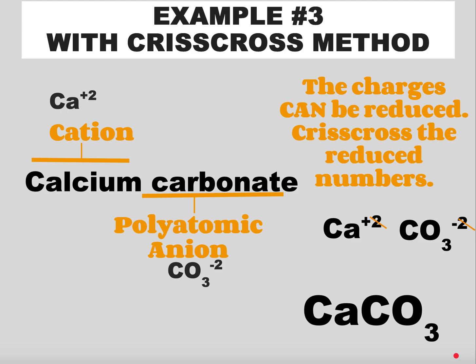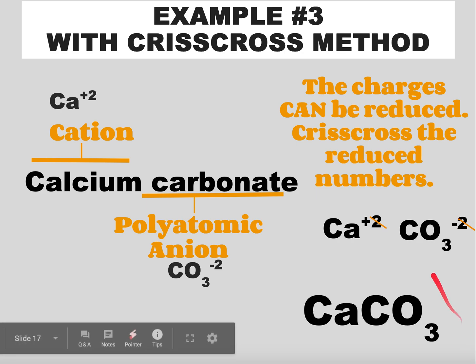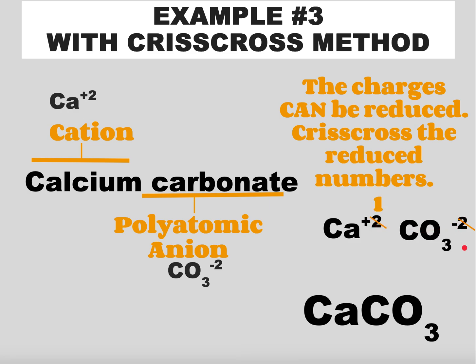It's just a way to bypass what's happening. Chemically speaking, we're trying to make the charges equal 0. The crisscross method just normally works, but in some situations like this, because the charges already cancel out, you can't do the crisscross method. Okay?